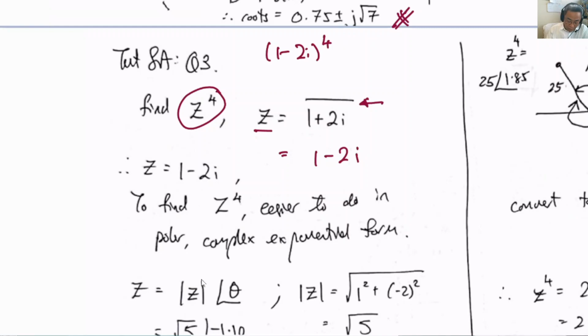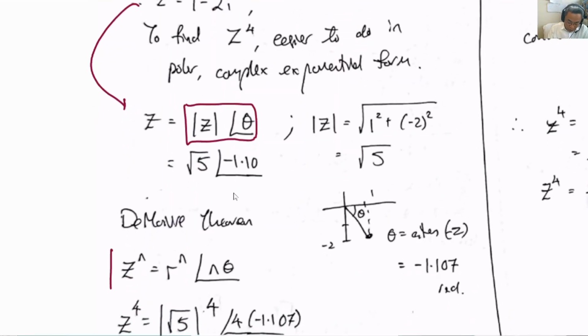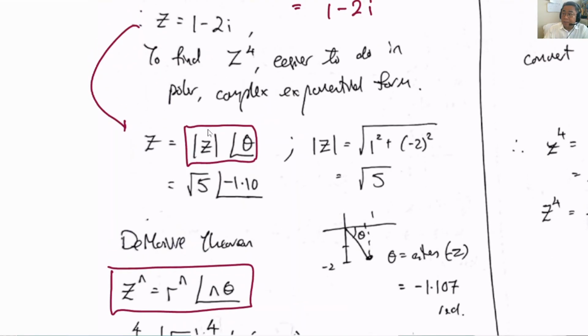Instead, what we are asking you to do is to use De Moivre's theorem, convert z into the polar notation, where we have the absolute value and the angle theta, and then we can apply De Moivre's theorem, which simply says that when you have z and you want to raise it to the power of n, then the modulus will be to the power of n, and the angle will be multiplied by n. So once you can convert the rectangular form into the polar form, then things are relatively straightforward.